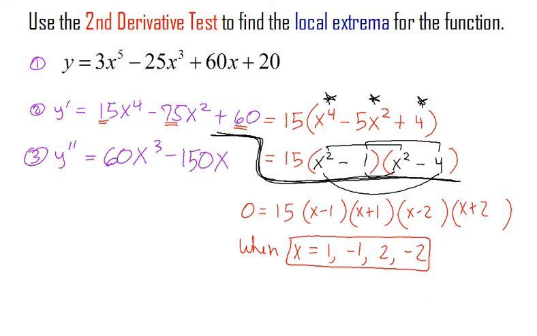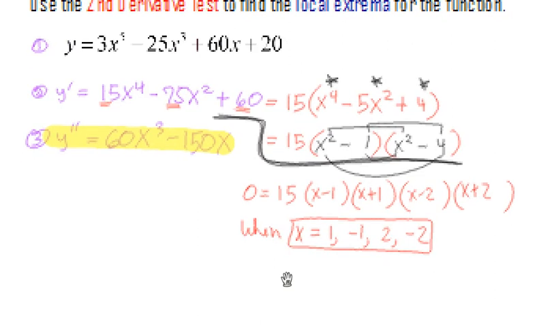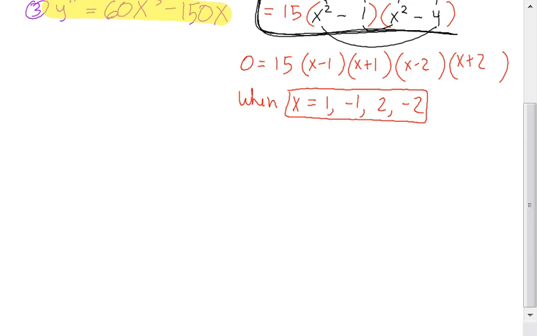Our next job will be to take each of the critical numbers and throw them into the second derivative to see if the answers are positive or negative, and then we'll know which are maxes and which are mins. So let's go ahead and do that. Can I just make some room for this next step?